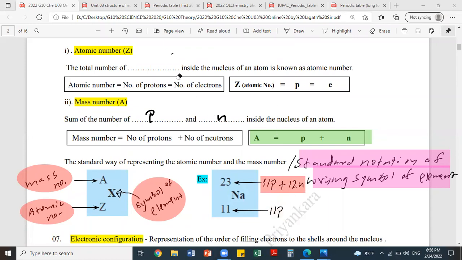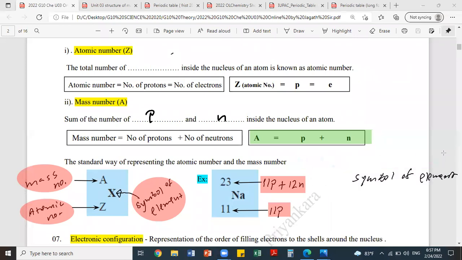So please try that. I'll give one more example for your understanding. Let's see the aluminium atom, Al.